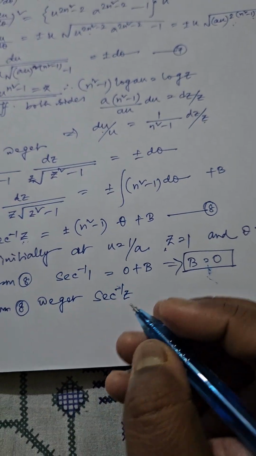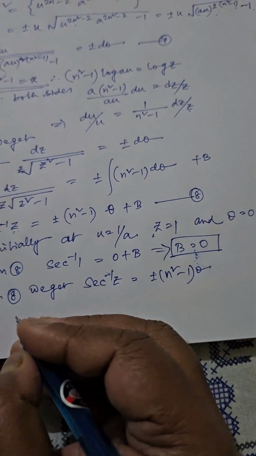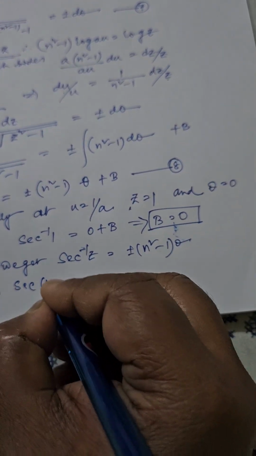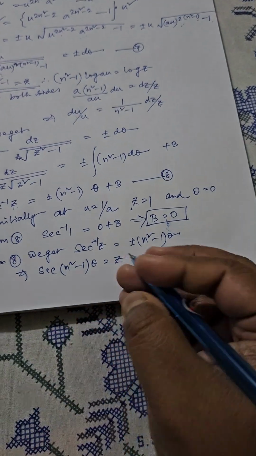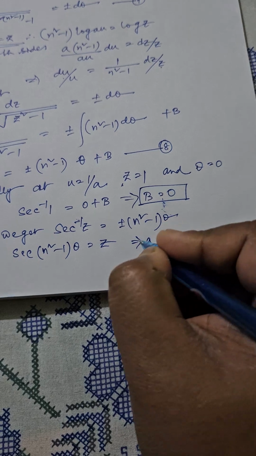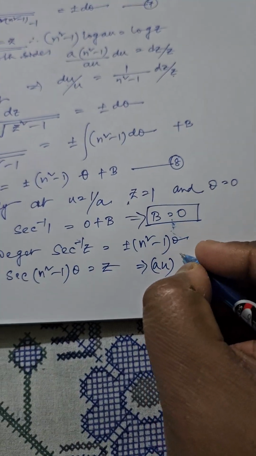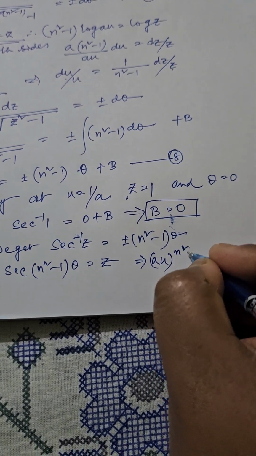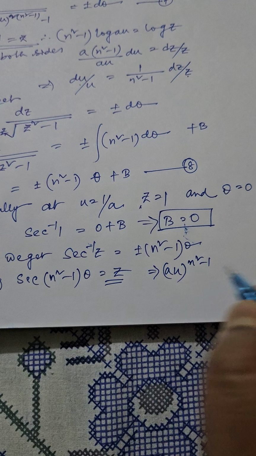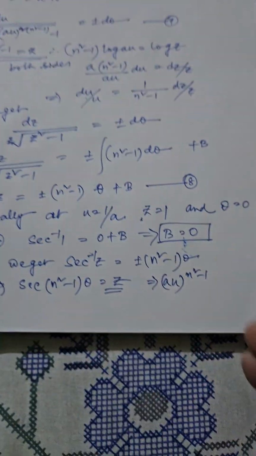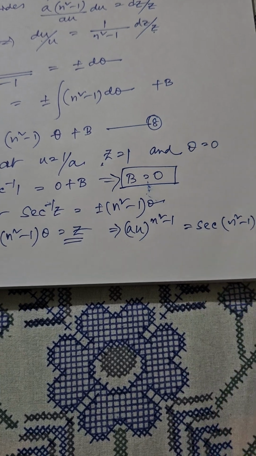sec inverse z, that is plus minus n square minus 1 theta. So sec of n square minus 1 theta, that is equal to z, which will imply a by r whole to the power n square minus 1, that means z equals to this, we have already taken this one, is equals to sec of n square minus 1 theta.